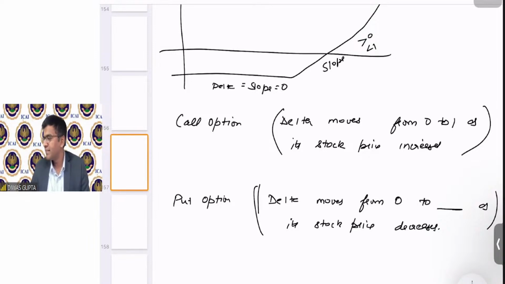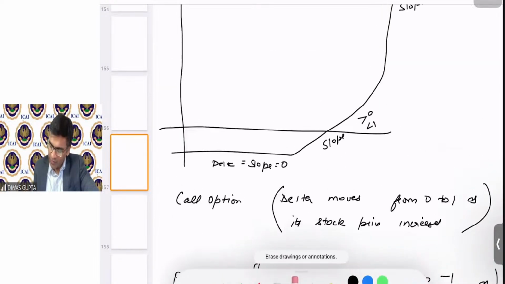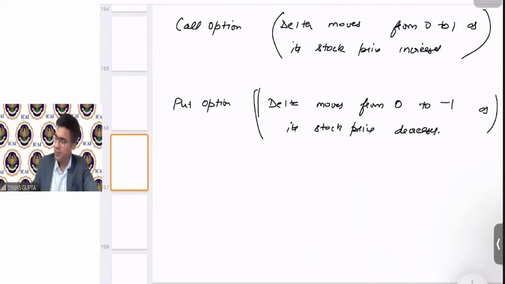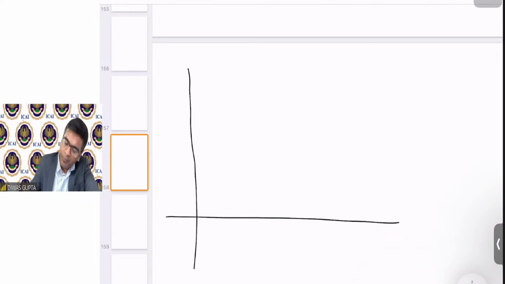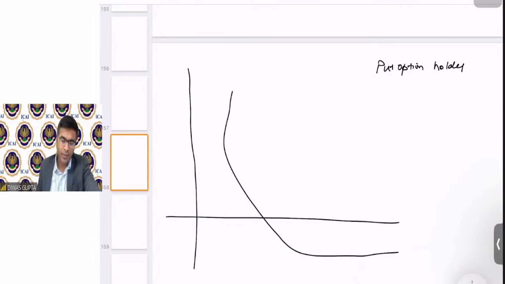Oh, very nice. I have some good answers. Tanisha and Shruti, perfect. You guys are absolutely right. It will move to -1. Okay. I hope all of you will never forget this. And this can even also be proved from this payoff diagram for put option here. Correct? Here it moves like this, right?